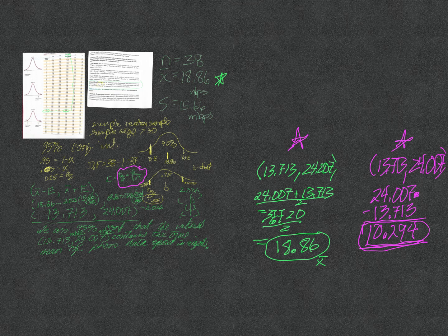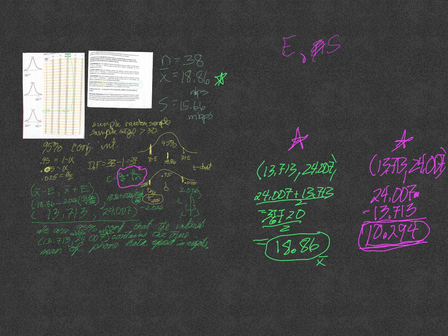If you know the error and you know the standard deviation, then you can find the sample size by, again, working the problem backwards, okay?